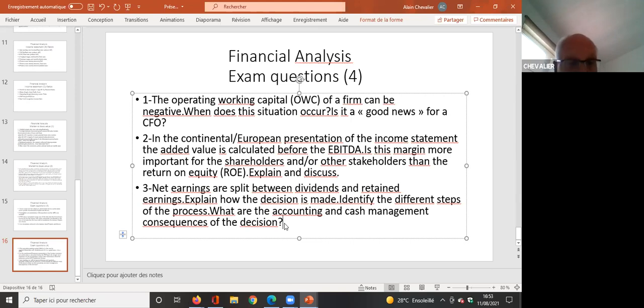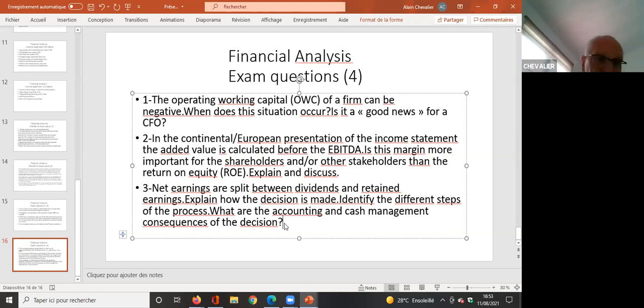At the annual meeting, the shareholders or their representatives will discuss again and decide the final decision. And the final decision will be that net earnings, accumulated at the end of the last period, last year, will be split between two elements, retained earnings and dividends.